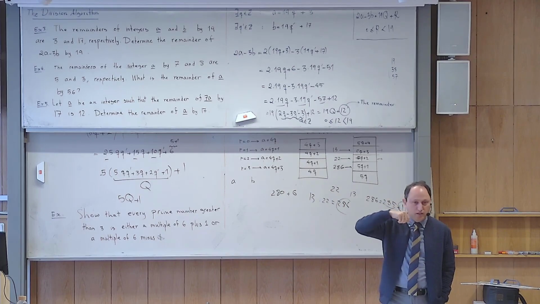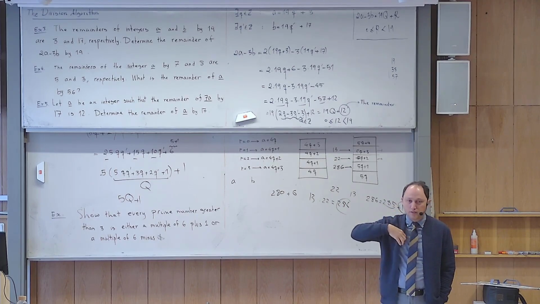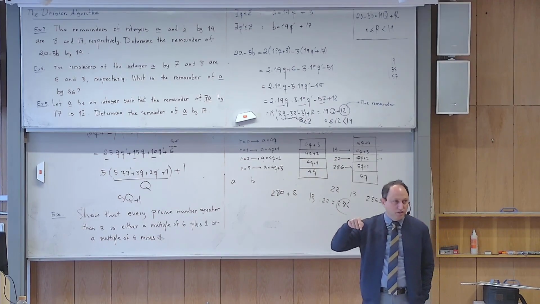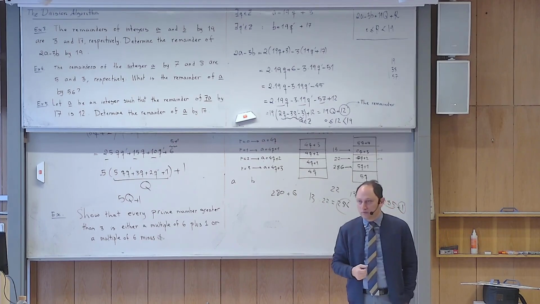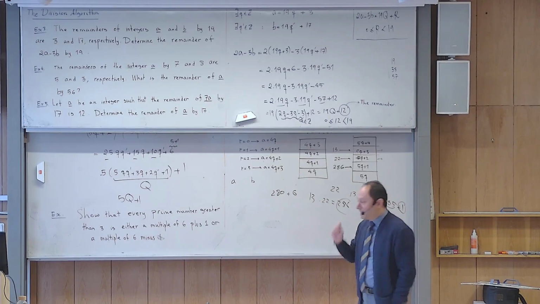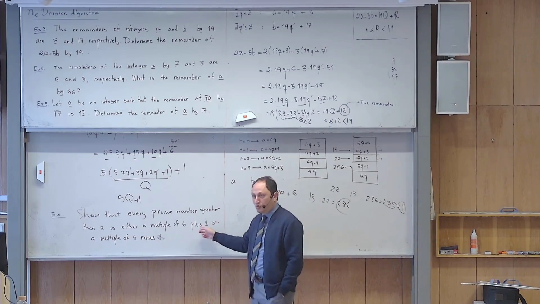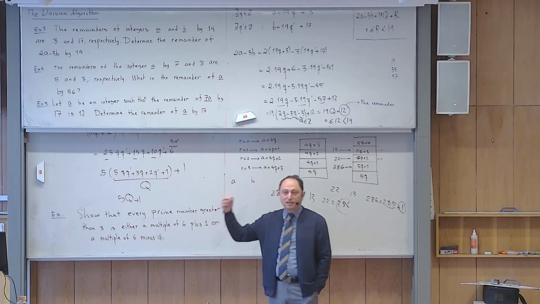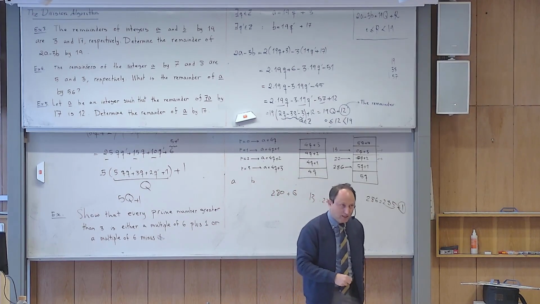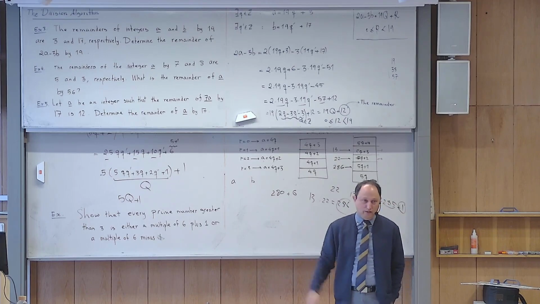For example, let us check 17. Is 17 a multiple of 6, one less or one more? One less, because the multiple of 6 is 18, and one less is 17. Be careful, it is not claiming that every number of this form is prime. It is claiming that if you already have a prime number, it is either this form or that form.